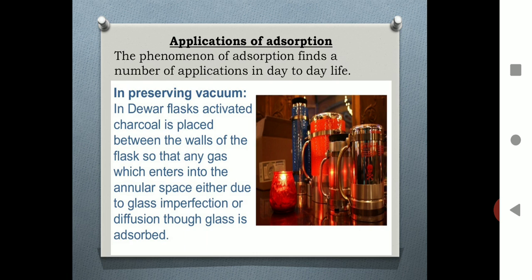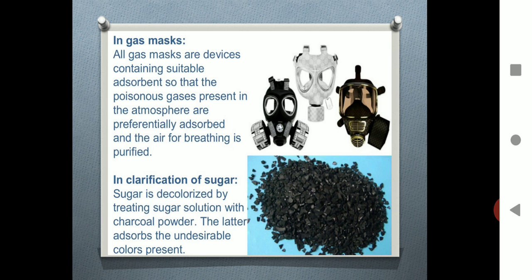For example, in thermos flasks that we use in our everyday life in our kitchen as an insulating flask, during preparation of that flask, also known as Dewar flask, the phenomena of adsorption was used to create vacuum, that is to evacuate the flask completely so that no heat is lost or gained either by conduction or convection.